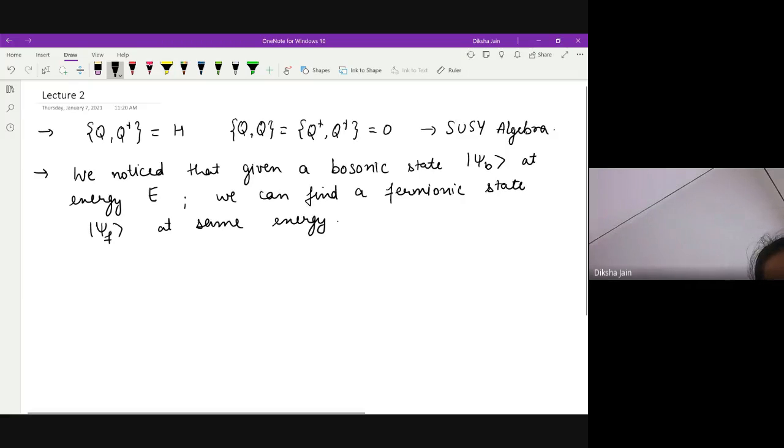How to check that? So I assumed the Hamiltonian acting on psi boson is E times psi boson. So it's a state with energy E.